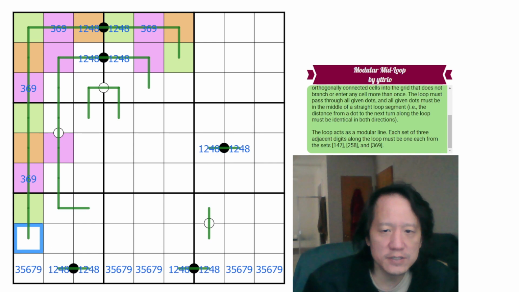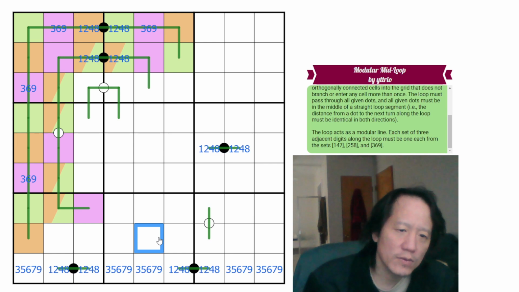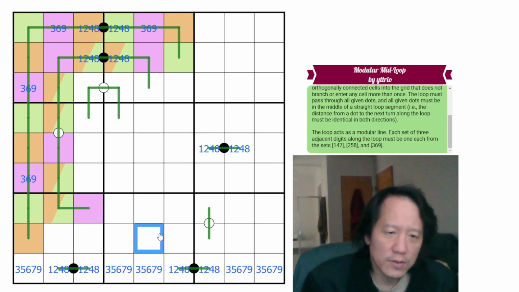Which means this is an orange then. This has to again be green or pink. Sorry, green or orange. This is green or orange. And this must be green or orange. Therefore, this is pink.